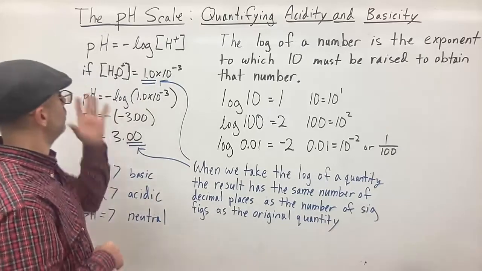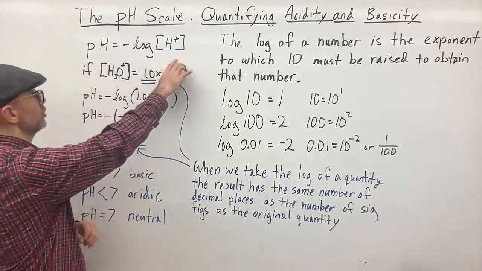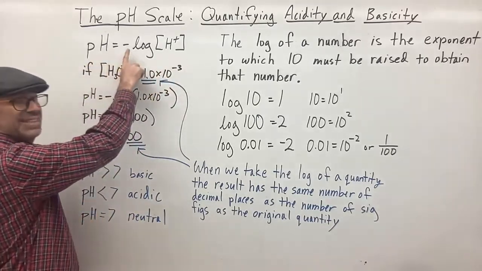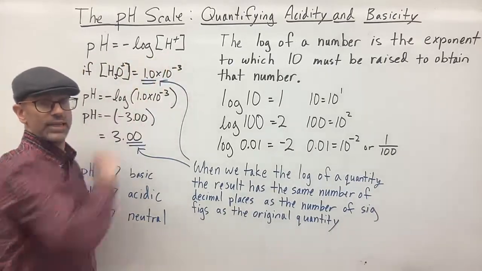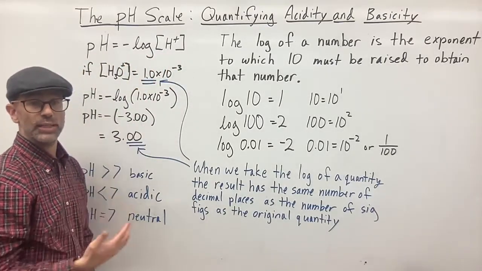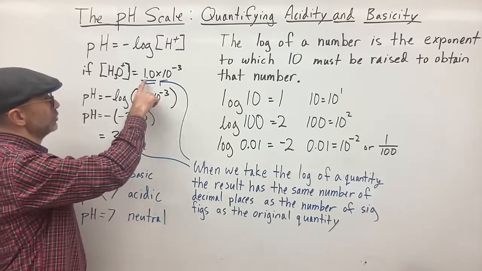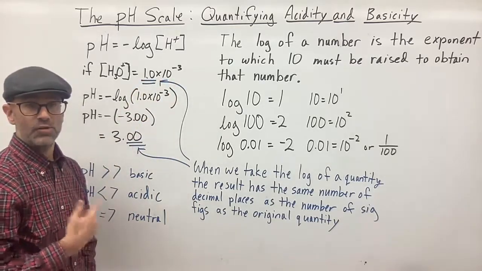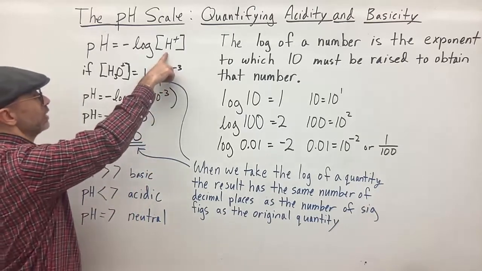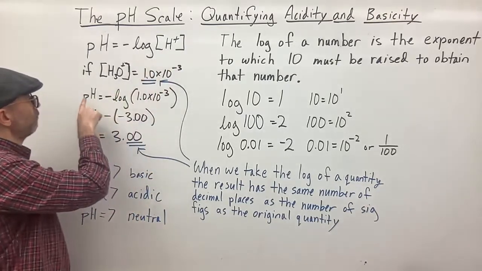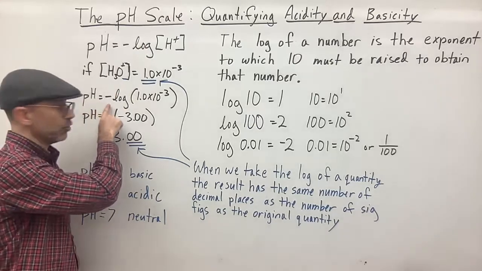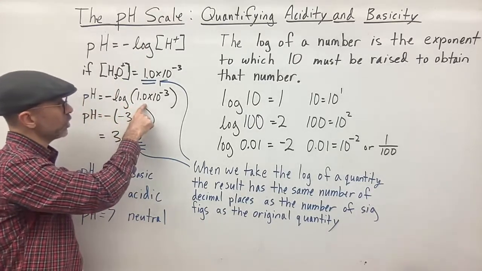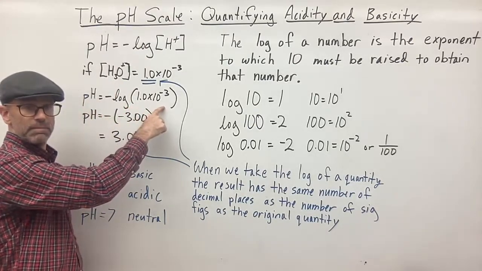So if we come back to this equation, the pH is the negative log of whatever the H plus concentration is. So let's say that our H plus concentration is 1.0 times 10 to the negative 3. We're going to plug that into our equation. So pH is equal to the negative log of 1.0 times 10 to the negative 3.